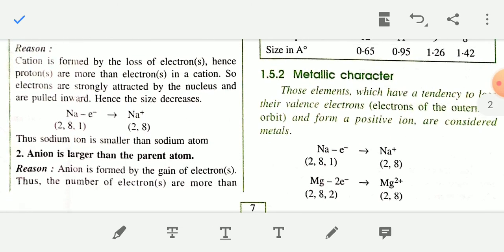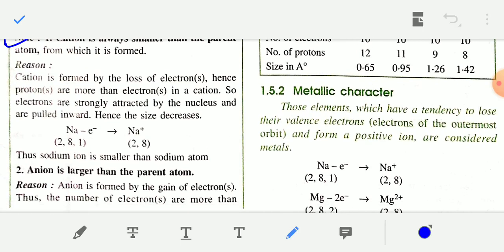When an atom loses one or more electrons, it forms a cation, and a cation has a smaller size than the neutral atom. So a cation is formed by loss of electrons.